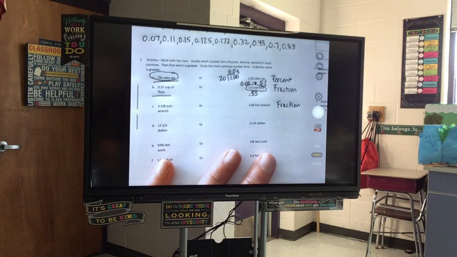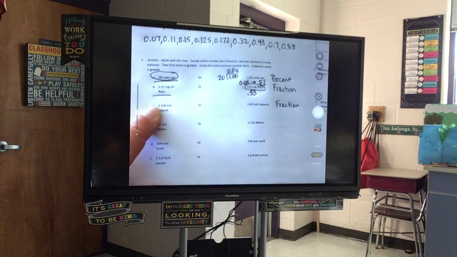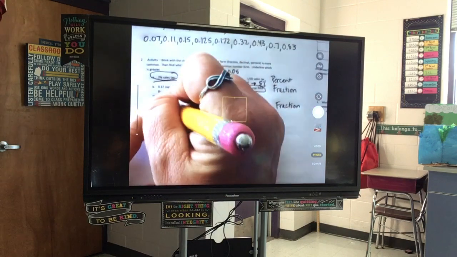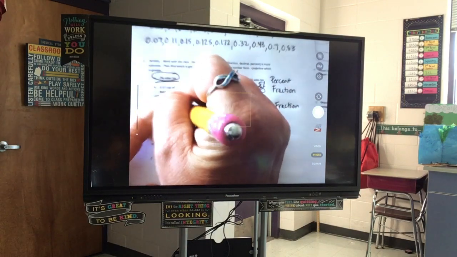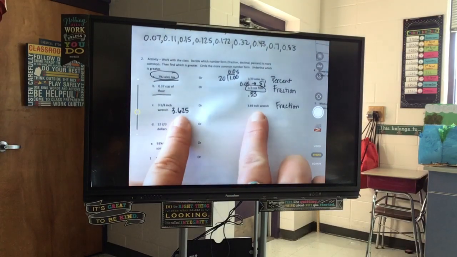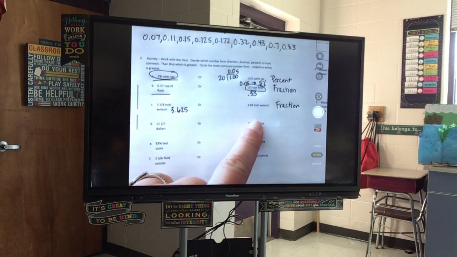Okay, cool. So we have to figure out which one's greater. So we're leaving the 3 whole alone, but what are we going to do with that 5/8? Ben? We're going to divide it, and you end up with 3.625. Sorry. All right, so which one is greater? The 3.625 or the 3 69/100?